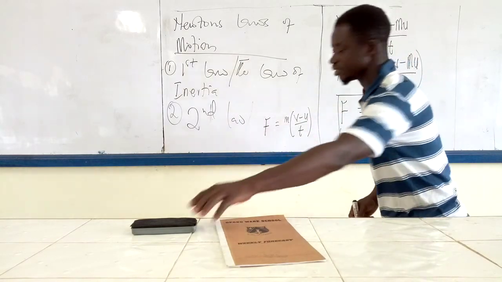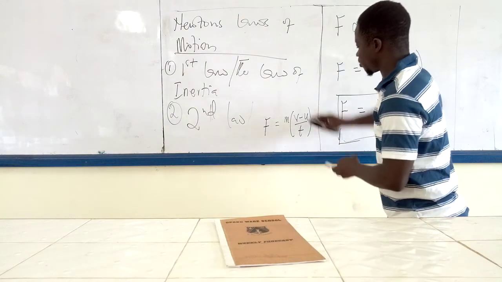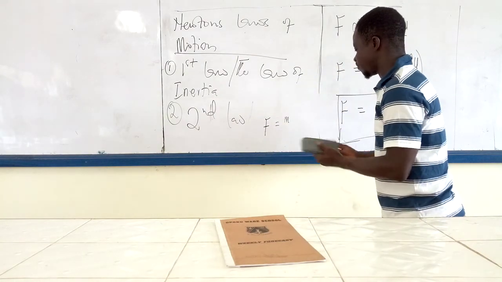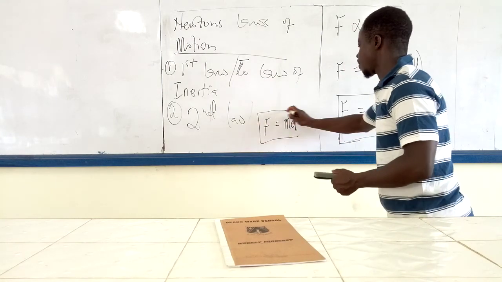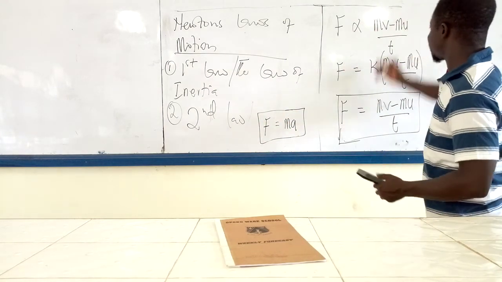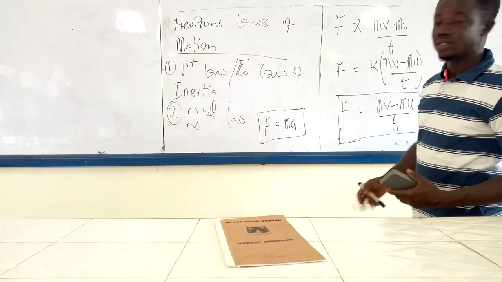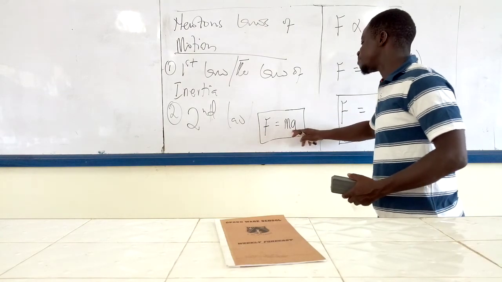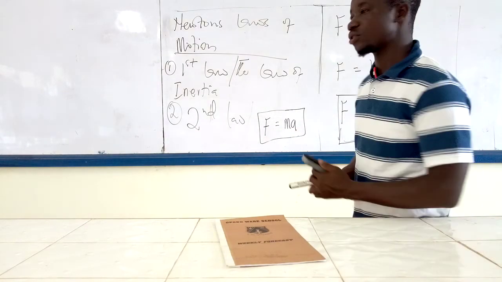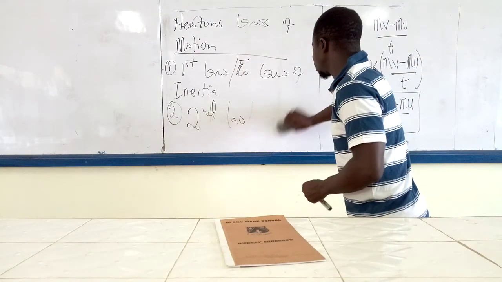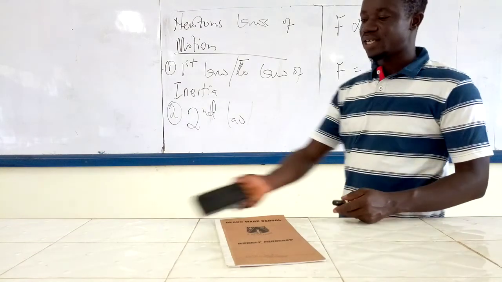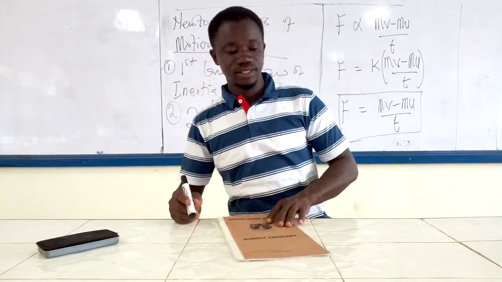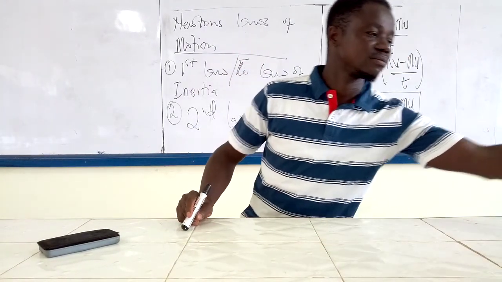So in place of this, I can put acceleration, and that gives me F is equal to ma. So from Newton's second law of motion, we get the force F is equal to ma, which we refer to as the net force on a body. Good, so this is what we deduced from Newton's second law of motion.